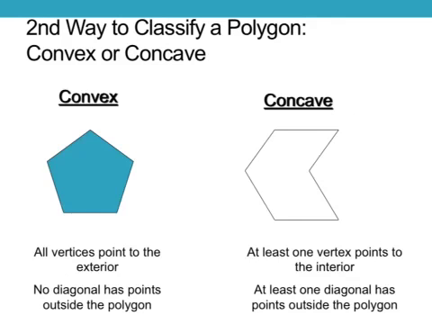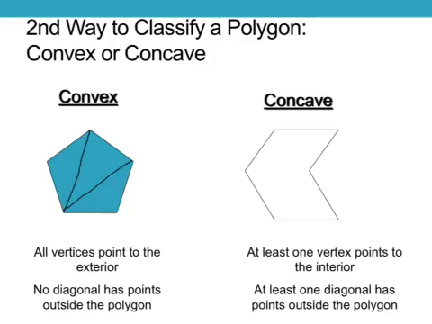So the second way to classify a polygon is whether it's concave or convex. Okay? Convex means all your vertices point to the exterior of the polygon and no diagonal has points outside the polygon. And a diagonal is just a line that connects vertices with each other that is not a side of the figure. Okay?